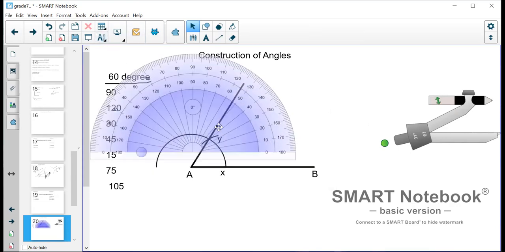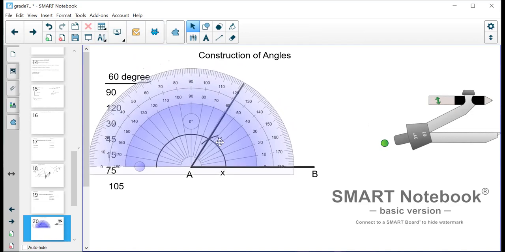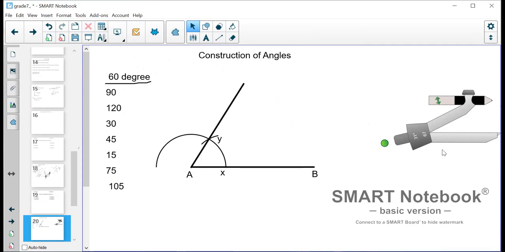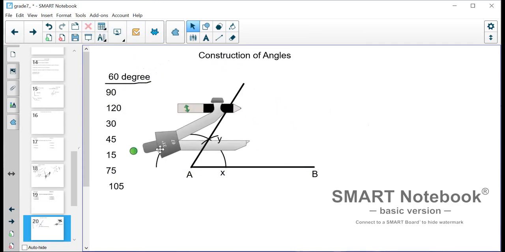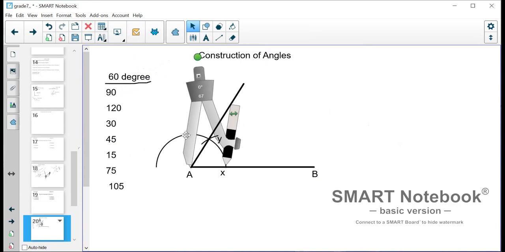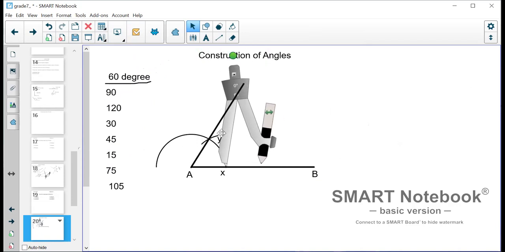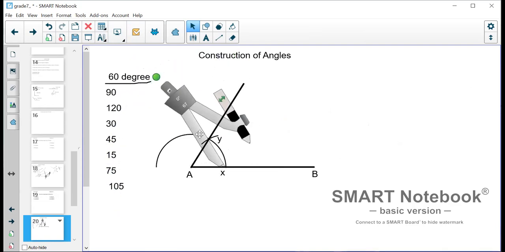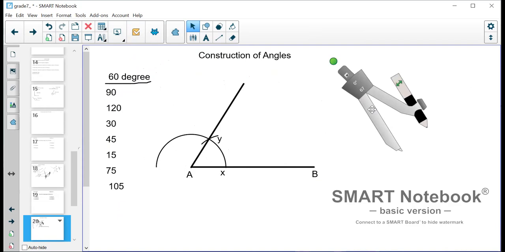If you want to check, you can take your protractor and you will see that that angle is exactly 60 degrees. Once you use the pair of compasses and use the same length for the first arc and the same length for the second arc, automatically you will get 60 degrees.